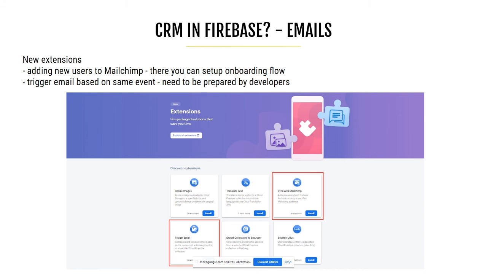But currently I don't know how to do, for example, that the user hasn't visited your app for the last month, so send him an email. This is something I'm not sure how to do, to be honest. And the second option is to trigger an email when the user makes some event which is written into the Firestore database. So that's something that developers need to prepare.